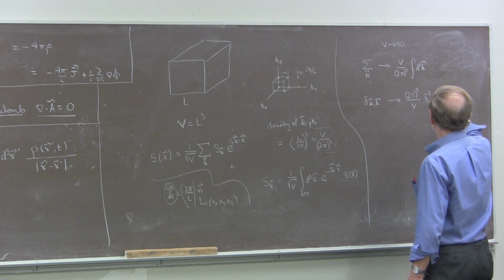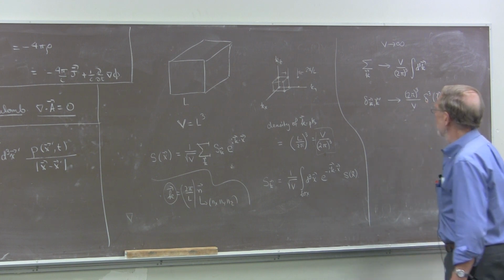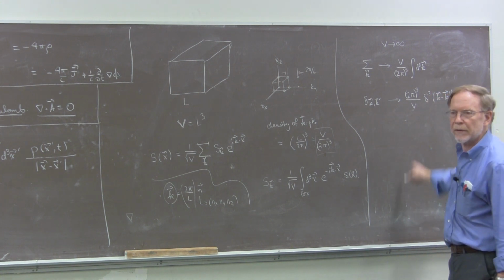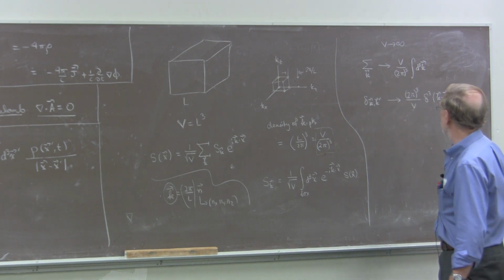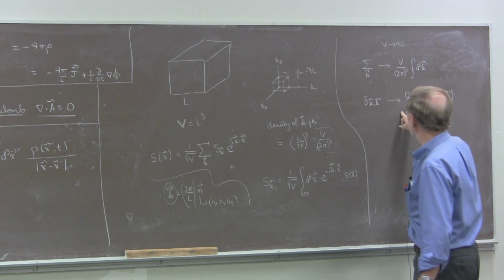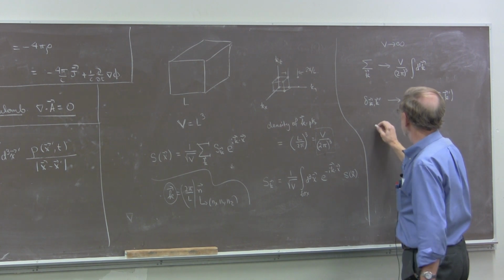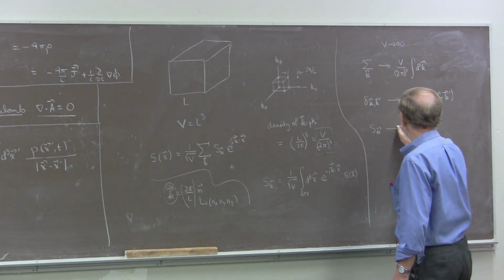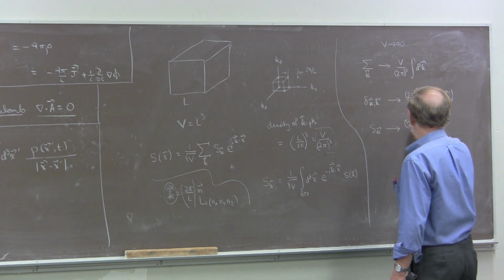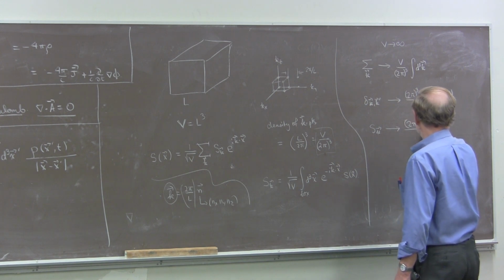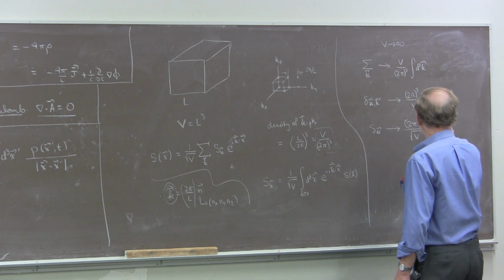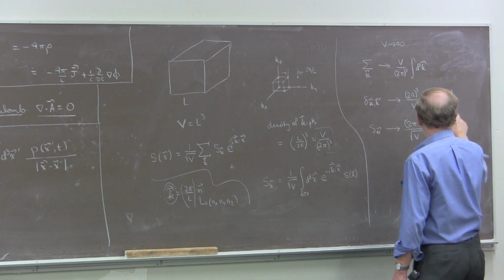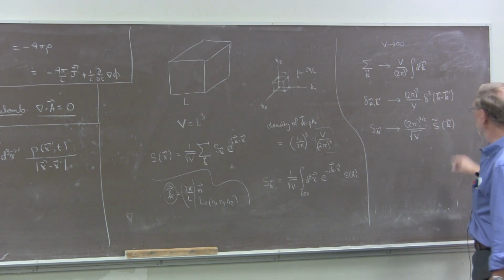This is just a formal substitution, which with more time I could justify for you, but I think you can work these kinds of things out for yourselves. In any case, this is a substitution you want for the delta functions. And then finally, the S of k, the Fourier coefficients, go over into (2π)^(3/2) divided by the square root of the volume times the Fourier transform, S tilde of k.